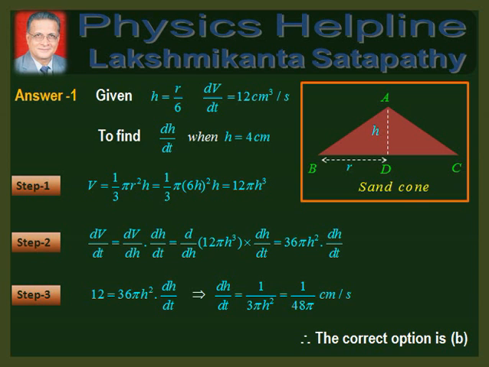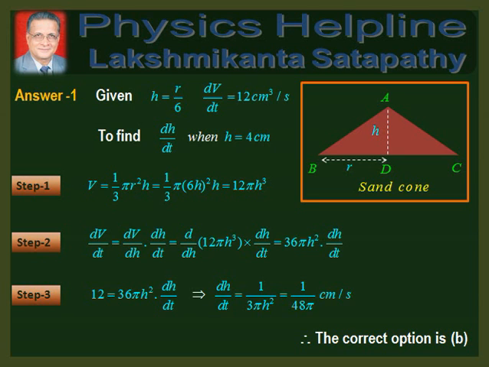Therefore, to solve the problem, we substitute r is equal to 6h, which gives V is equal to 12 pi h cube. In the second step, we differentiate this equation with respect to time using the chain rule of differentiation, which gives dV by dt is equal to dV by dh into dh by dt, which is equal to d by dh of 12 pi h cube into dh by dt.